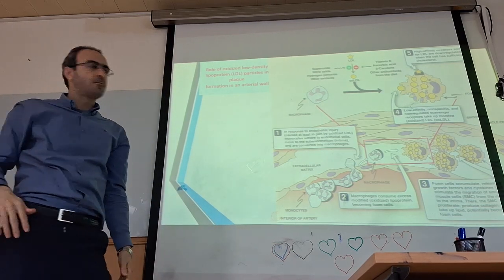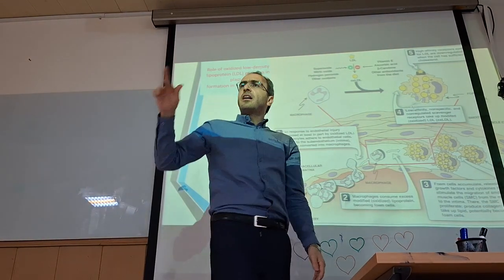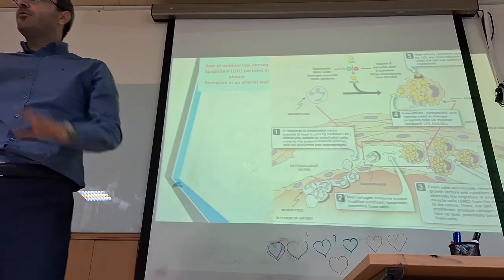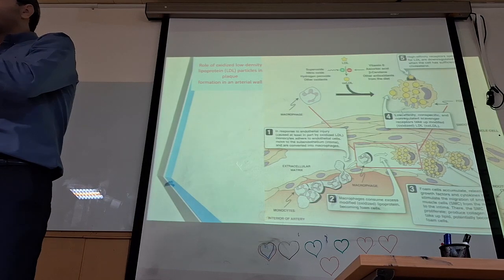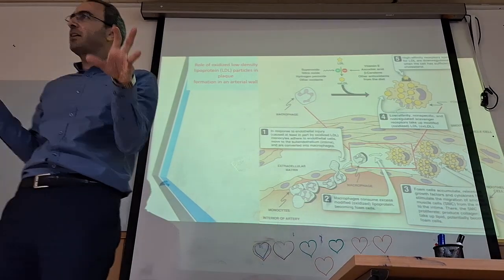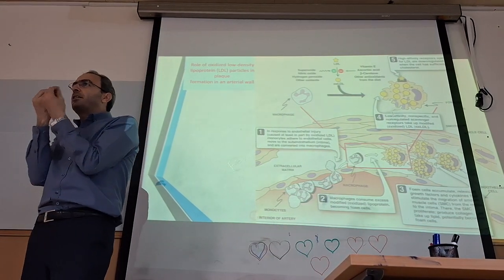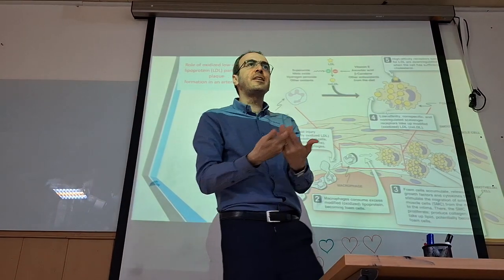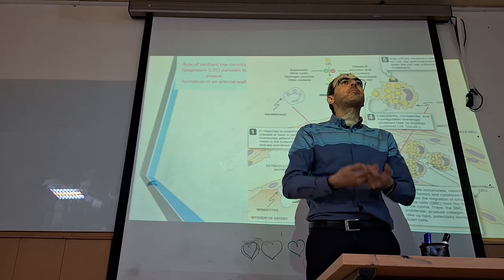Complex. There are a lot of YouTube videos related to atherosclerosis. If you search on YouTube for atherosclerosis, you can see a lot of animations and clips which show very well how these oxidized LDL finally lead to the atherosclerotic plaque.